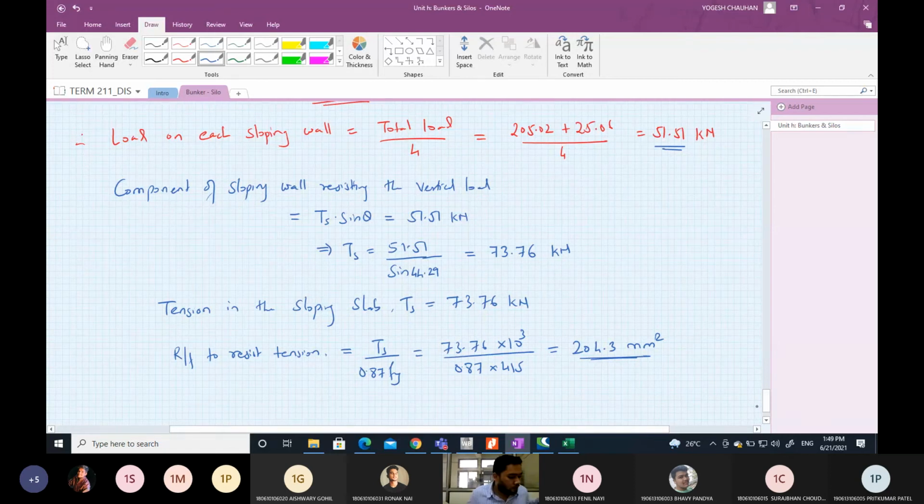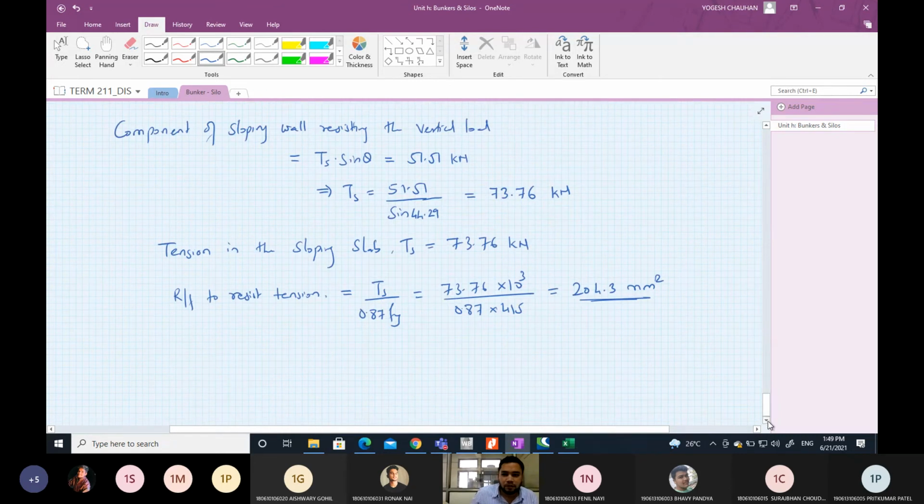Now the sloping slab should also be designed as a slab spanning between the corners.